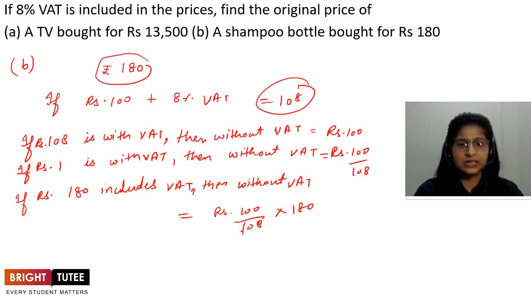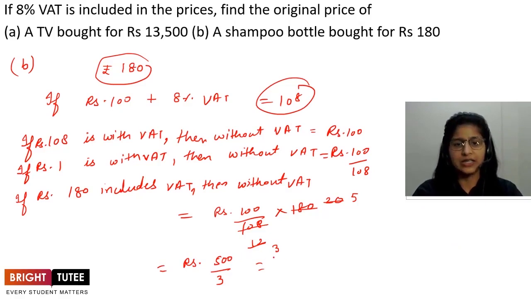So let us solve it. Start with 9. 9 ones are 9, 9 twos are 18, 9 twos are 18, 0. Then we can do it with 4, 4 threes are 12, and then 4 fives are 20. So we have rupees 500 upon 3. Okay, so approximately we'll calculate the answer.